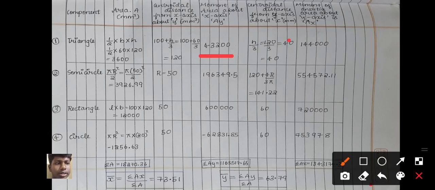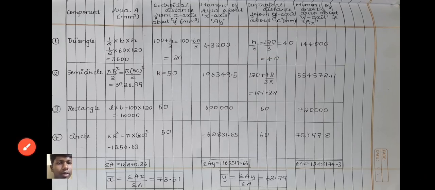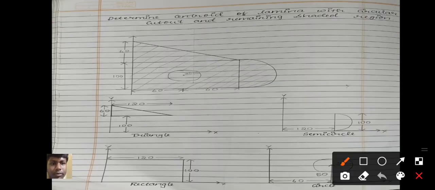The same procedure goes for the y-axis, which is x. The distance from the y-axis will be h by 3, which is 120 by 3. Here h is 120. Why? Because, as we have seen here, the height will be 120.